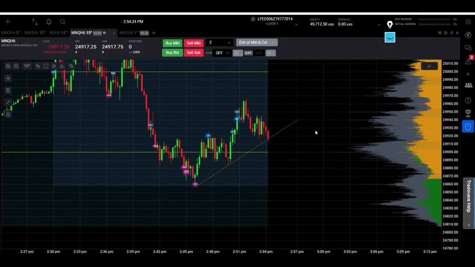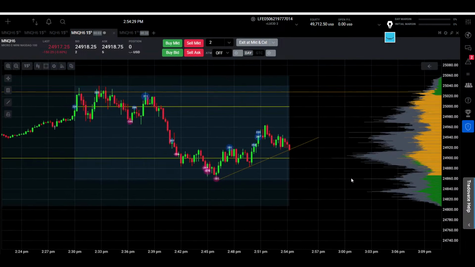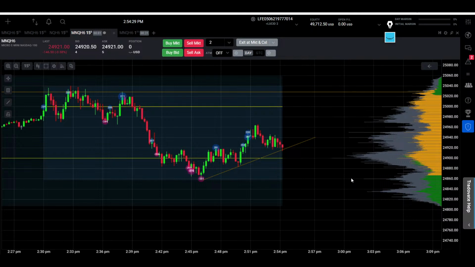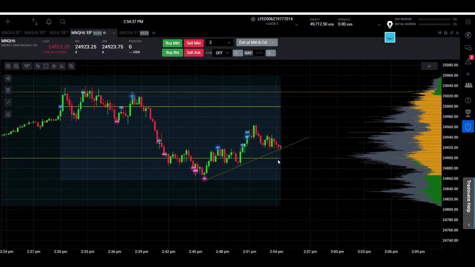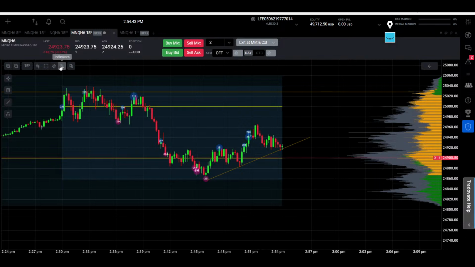So okay, if it breaks, this is my trade. If it closes here, it's my trade. It needs to close there.